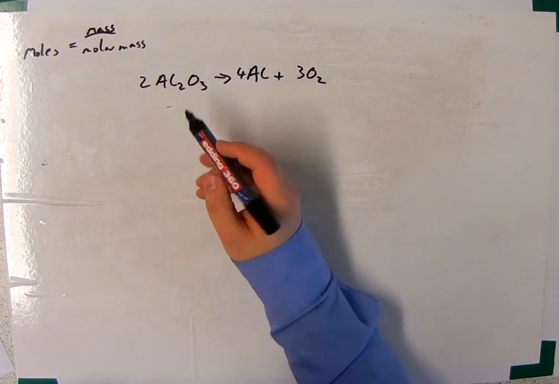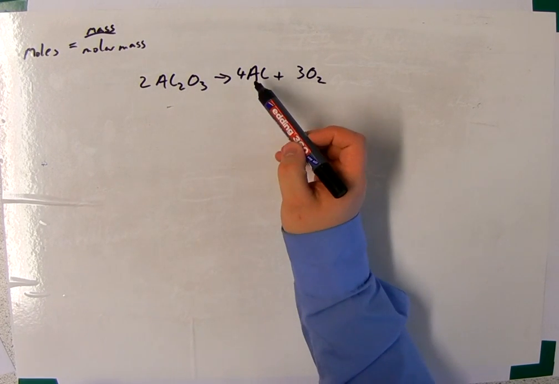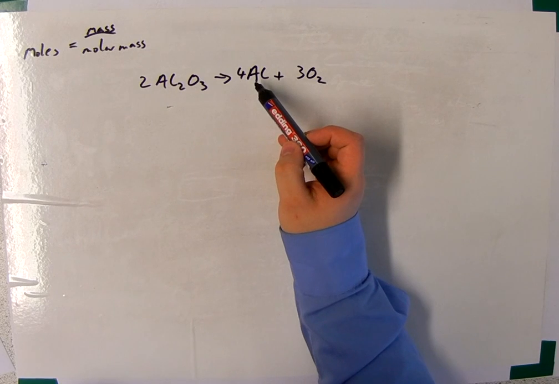So, 2 moles of aluminium oxide gives us 4 moles of aluminium metal.